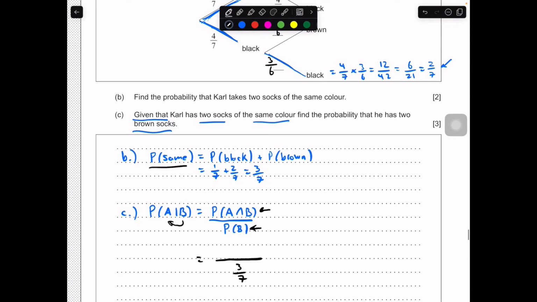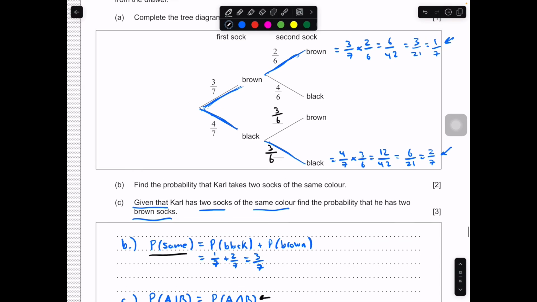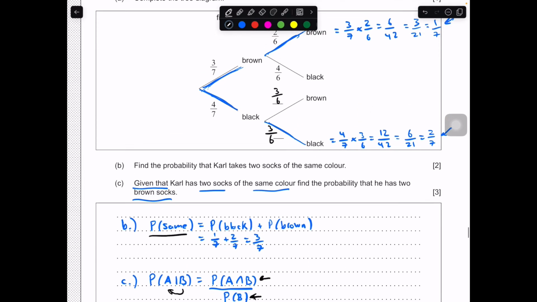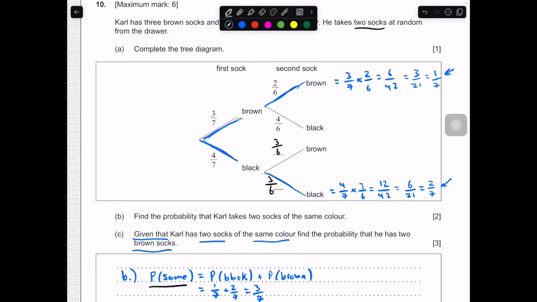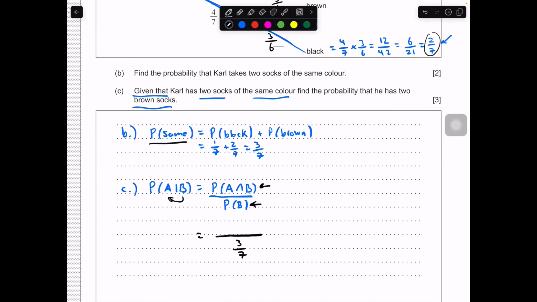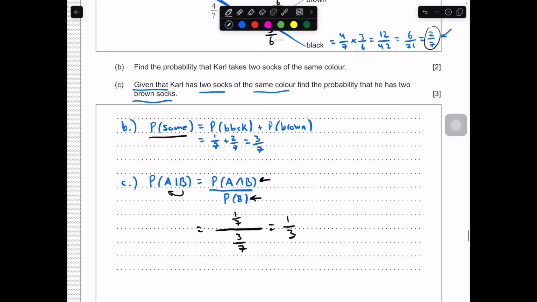And out of that portion where he has the same color, what fraction of those are brown socks? 2/7 of the time he has black, 1/7 of the time he has brown. So 1/7 out of that 3/7 he has brown. You can put this into your calculator, and in the end we'll get 1/3.